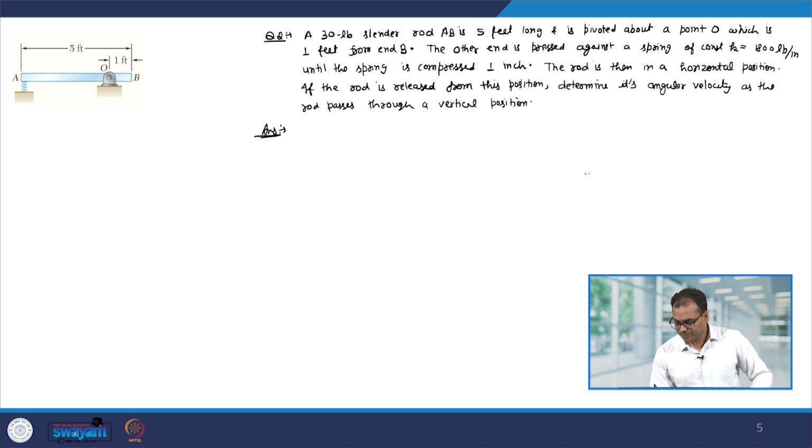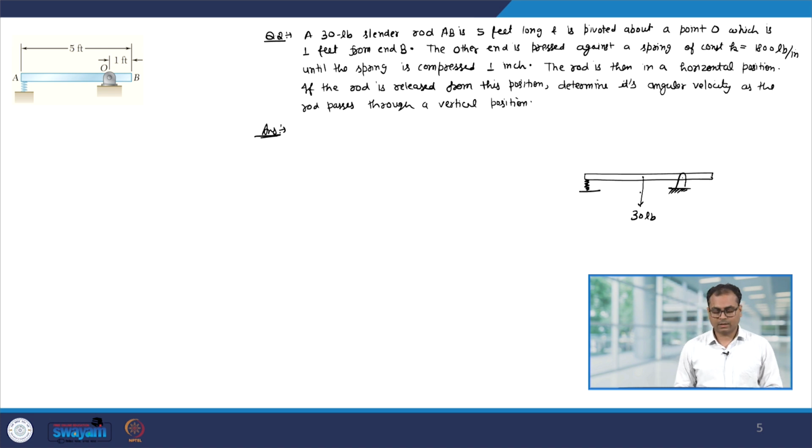So, initially the rod is like this. Its weight is 30 pound, which is going to act at the center of the mass. So, this is 1 feet and the whole length is 5 feet. So, therefore, this will be 2.5 feet.